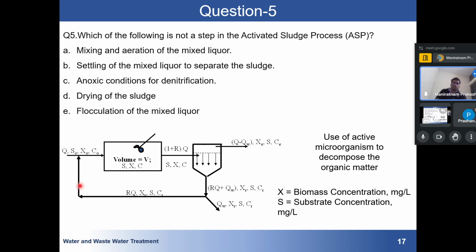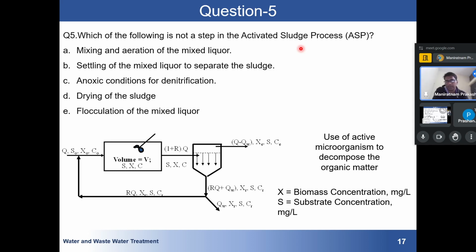So what happens in activated sludge is that microbes eat organic matter. Remember, this is used in the secondary treatment unit. Microbes eat the organic matter present in your wastewater and produce some sludge. This process is very slow. If you leave the wastewater and let the microbes do their own job, it will take a very long time.